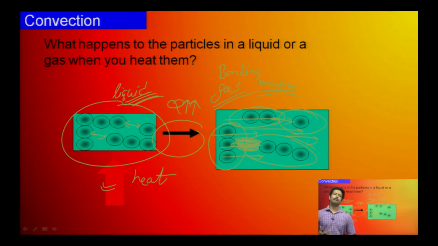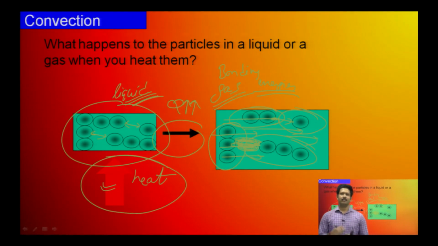The basic idea is that you are providing so much heat that you are breaking that bonding energy, and the molecules move apart just by giving heat. So this is basically what happens when you heat a liquid.